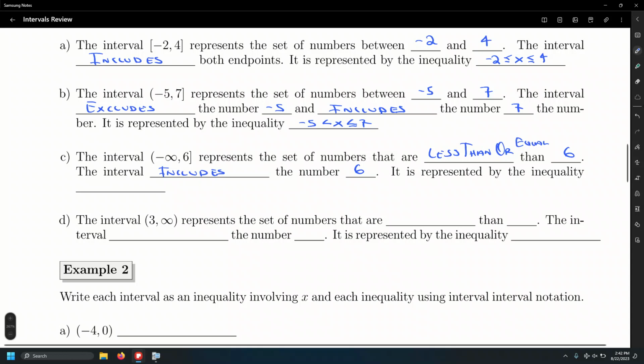To the left, because they're going towards the negative side. Now, this inequality is represented: just write the letter x, the number 6, and use an inequality symbol that represents some displacement towards the left. In this case, less than, but because it's a bracket, it's less than or equal. All right?